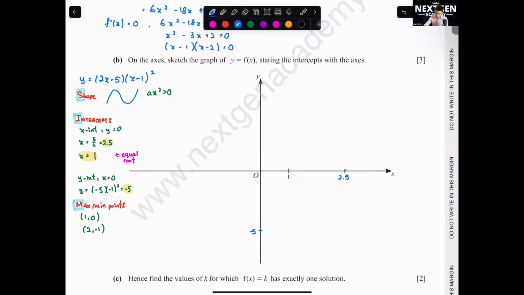Don't go too low either, because -1 should be around here if I put the -5 here. So this will be our graph. Go up. This point here will be (2, -1). You don't need to plot it out, but you need this information for the next question.